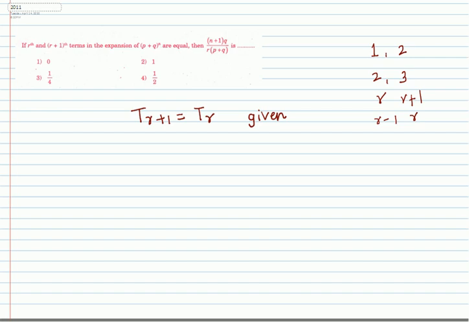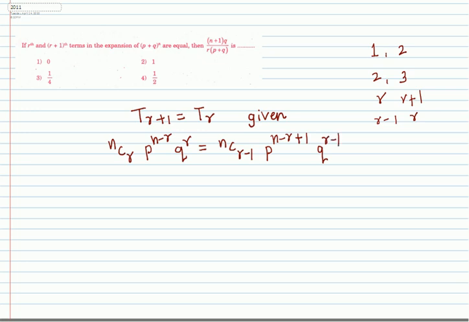So we have nCr, the first term, p to the power n minus r into q to the power r, must be equal to, here we have nC(r minus 1) p to the power n minus r plus 1 into q to the power r minus 1.